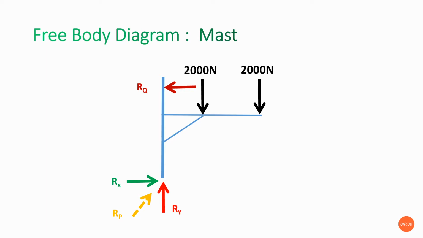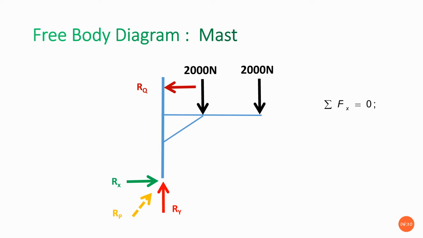So I show the reaction force RQ. Then the body is in equilibrium condition. So these are the restrictions we developed to stop the motion of a body in the respective direction. This way we are going to find the different types of unknown parameters.